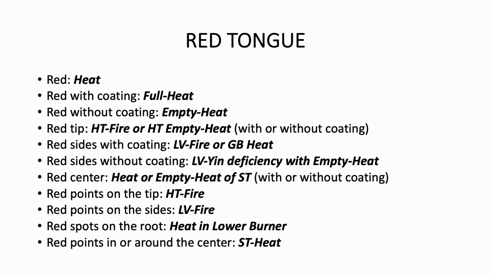In severe cases, the tip can also be swollen and have red points on it. Red sides indicate liver fire or gallbladder heat if there is a coating, or empty heat in the liver if there is no coating. In severe cases, they may also be swollen and display red points. A red center indicates heat or empty heat of the stomach, depending on whether there is a coating or not.